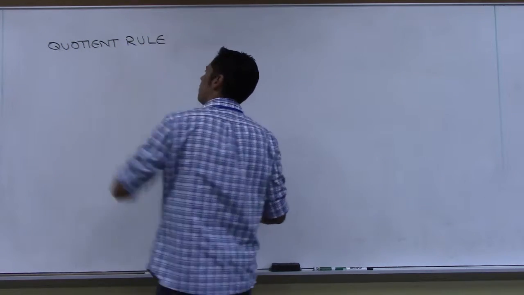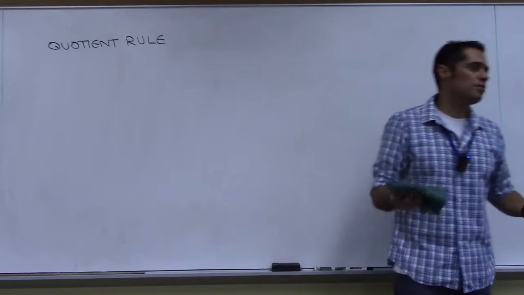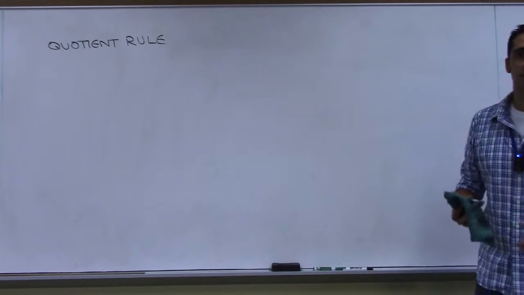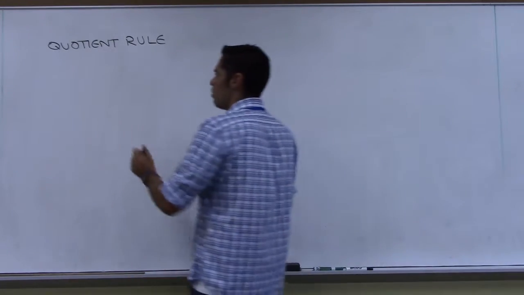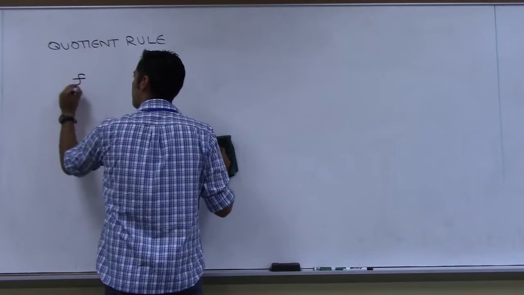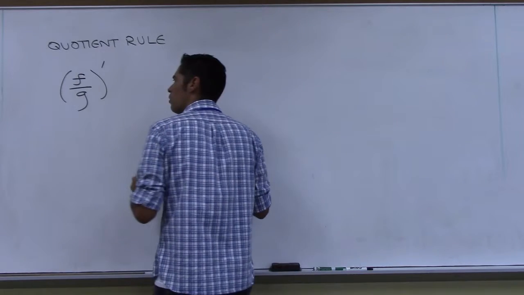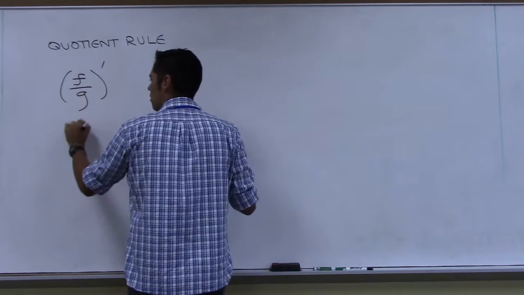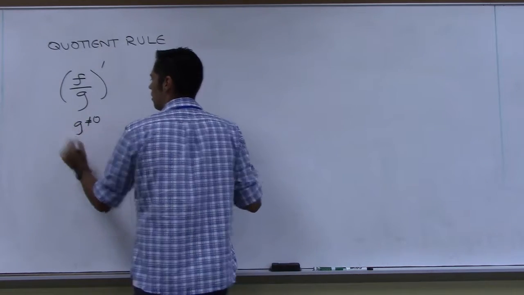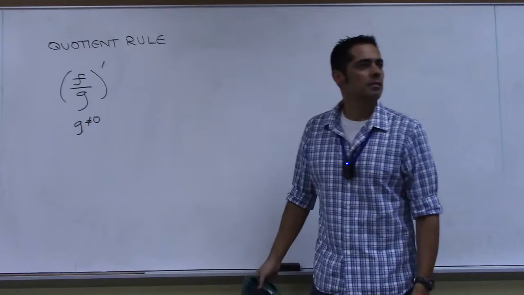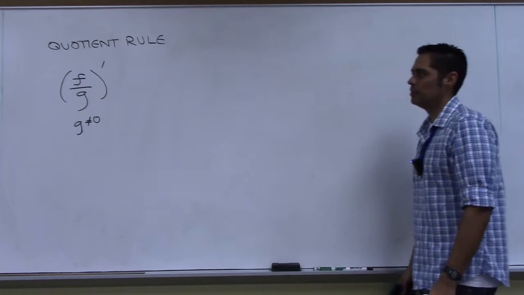So product was when you multiply 2 things, quotient's when you divide 2 things. So if you have a quotient, some function on top of some other function through division, and you want to find the derivative, also, g can't be 0, or else you can't even do it, right?